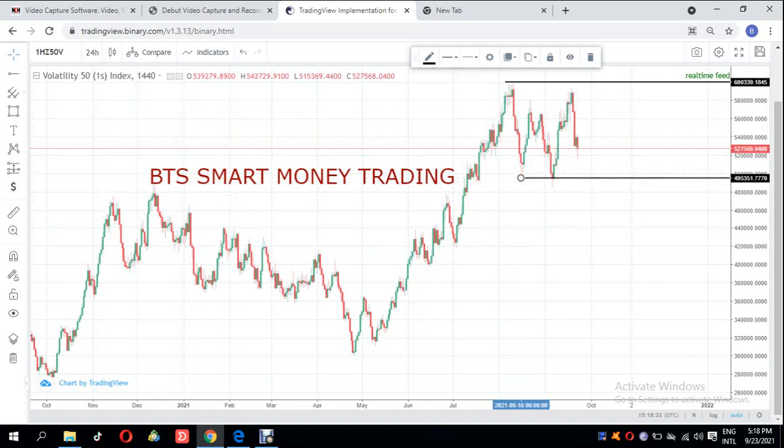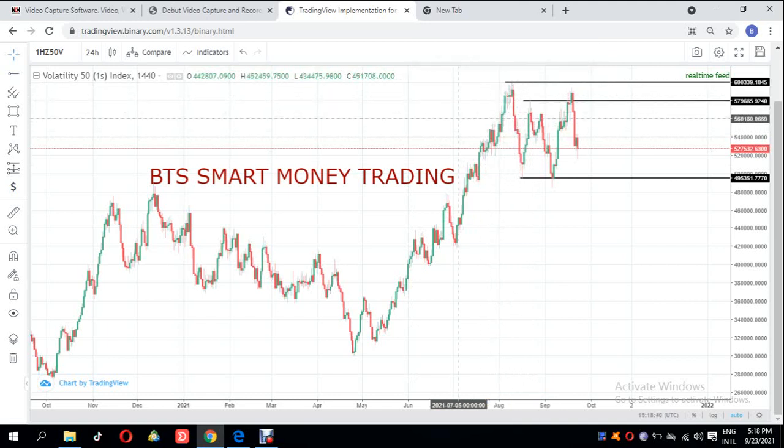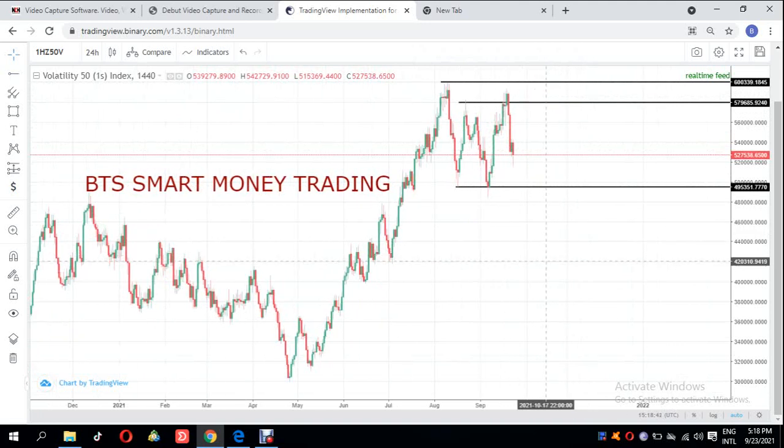After it made this low, look what it did. It makes another high here, but as you see, this high is not above the previous high. So let's go ahead and analyze this on bigger scales.